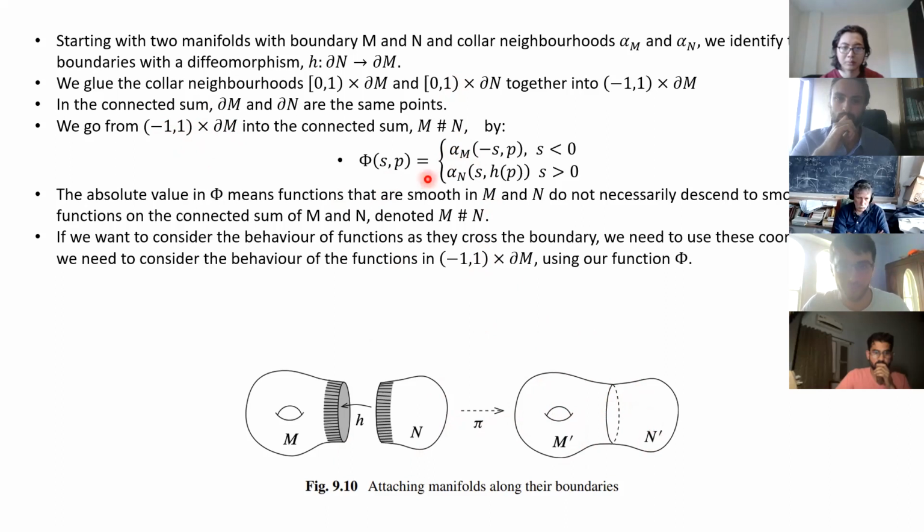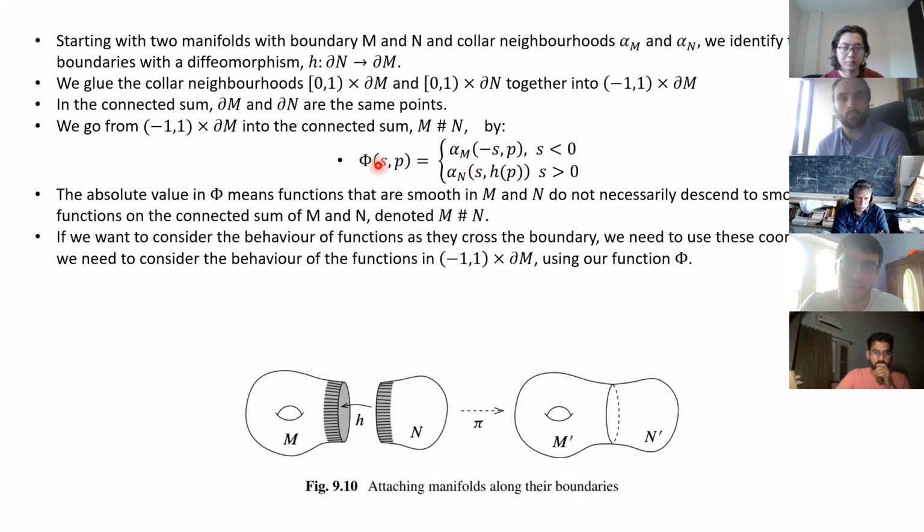That's given by this function here. If you're just in m, you can just use the charts for m. If you're just in n, you can just use the charts for n. But if you're going across, you need some way of doing that, and the way you do it is this.